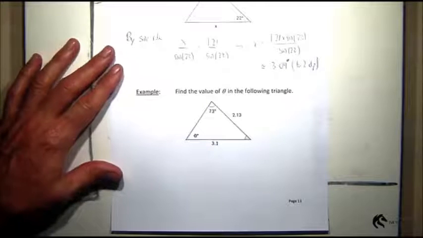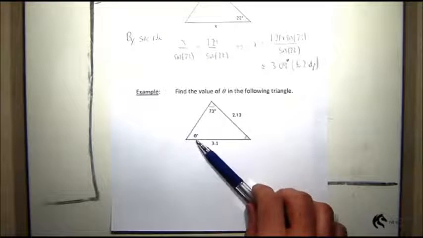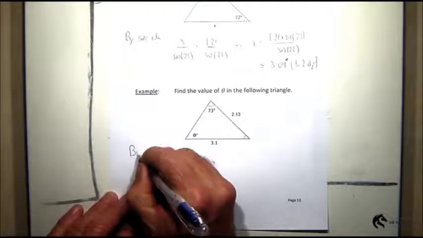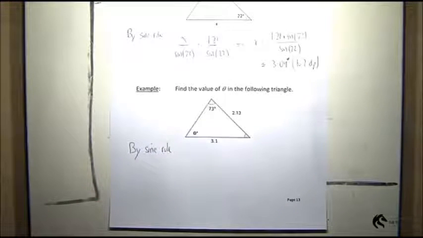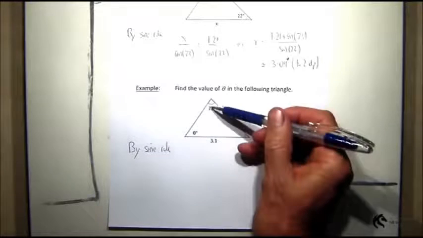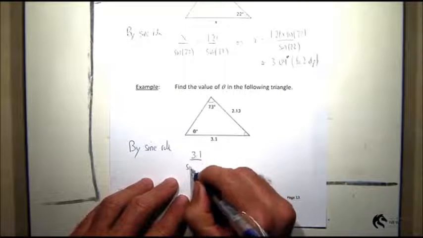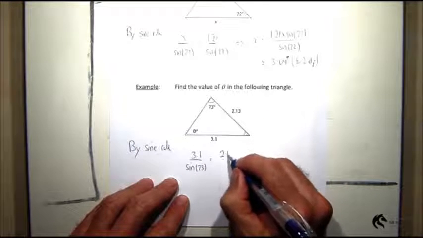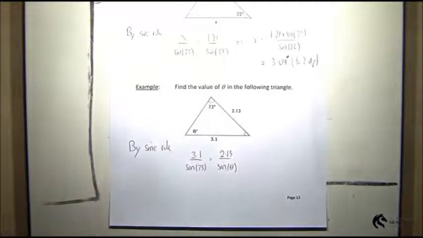And in the last example, I've got two sides and an angle, and I want to find another angle. So again, I can use my sine rule. It would say the ratio of 3.1 to the sine of 73 degrees is the same as the ratio of 2.13 to the sine of theta.